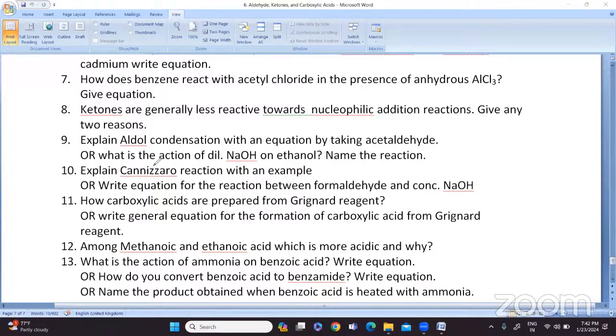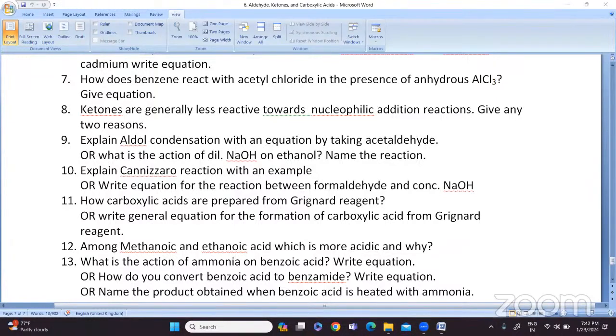This is a 3 marks question. It is asked based on your aldol condensation.